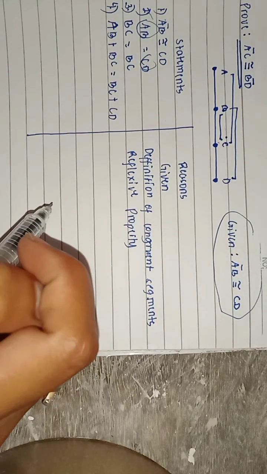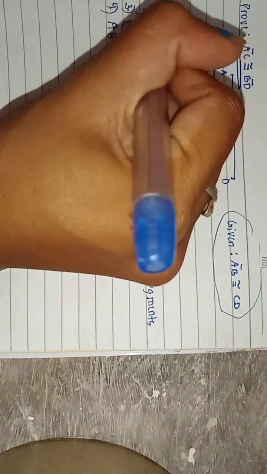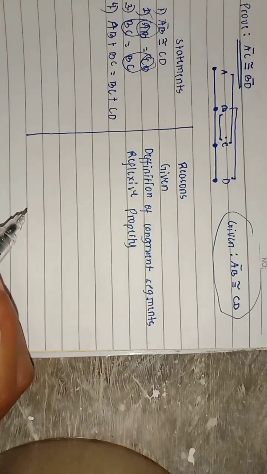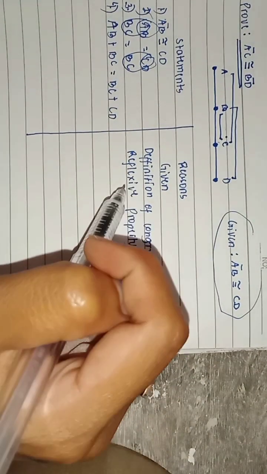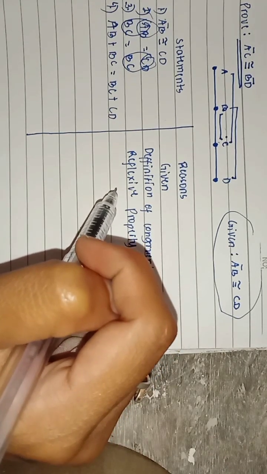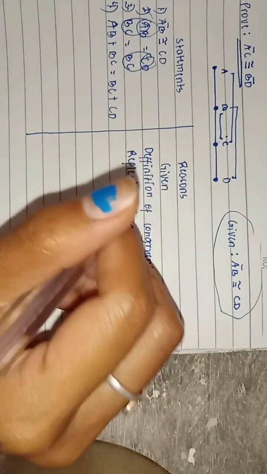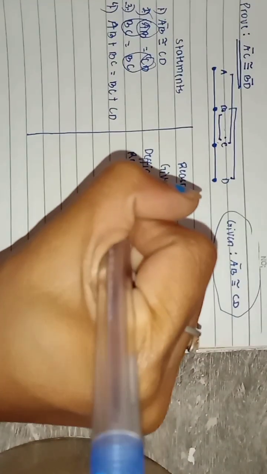Basically, we add on the left side and on the right side of the 2 equations. Now, it is basically the addition property of equality. So we just write here in our reason the addition property, because we add our statements number 2 and number 3. So this is an addition.